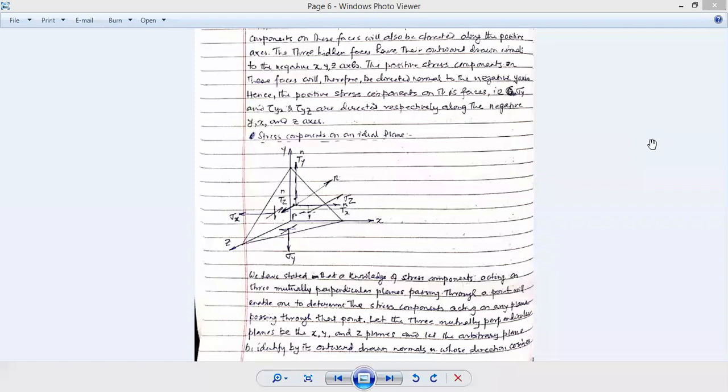So we have to know the point inside the body or on the surface of the body, whatever it may be, and we should place three mutually perpendicular axes on this point. We should know the stresses acting at this point, along the x-axis and y-axis, maybe tensile and maybe shear stresses in nature.